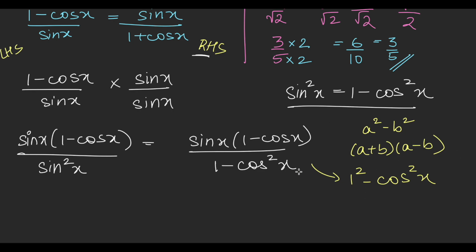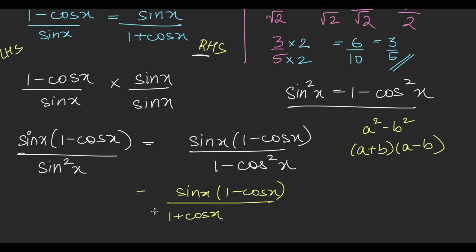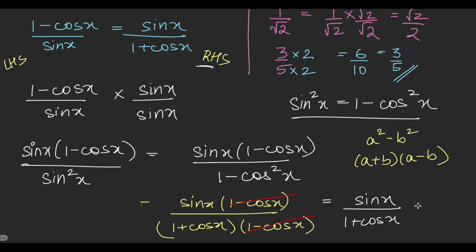So I will use this identity and replace 1 minus cos²x with 1 plus cos x, which is a plus b, into a minus b, which is 1 minus cos x. I know that I can cancel these two terms out to get what? Sin x by 1 plus cos x, which was initially our RHS. So LHS is equal to RHS, and our identity is proven.